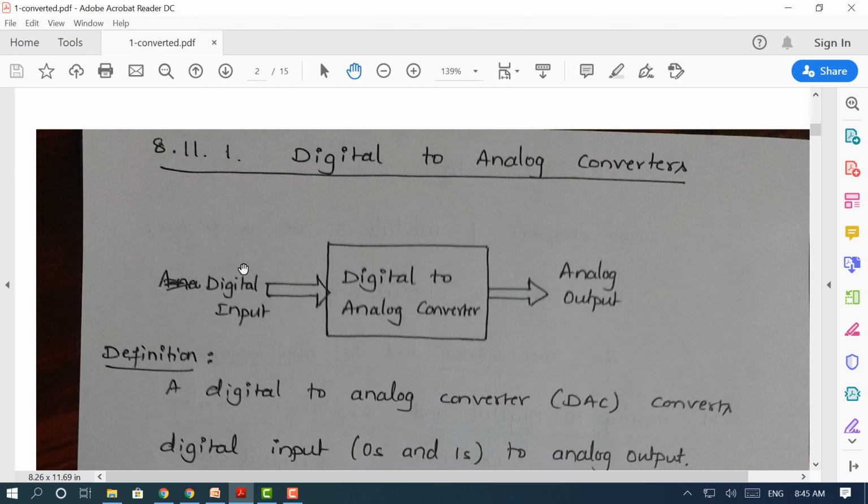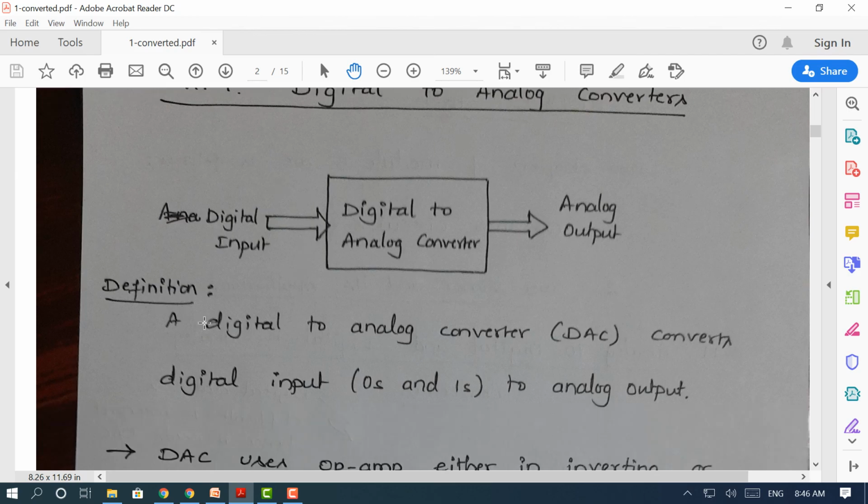Here you can assume this input data is binary data, which is in the form of zeros and ones. This circuit here is an op-amp based circuit. Right now we are going to discuss an op-amp based circuit, which converts zeros and ones to a voltage format. Maybe say 0001 may represent some voltage here. So that's the block diagram representation of digital to analog conversion.